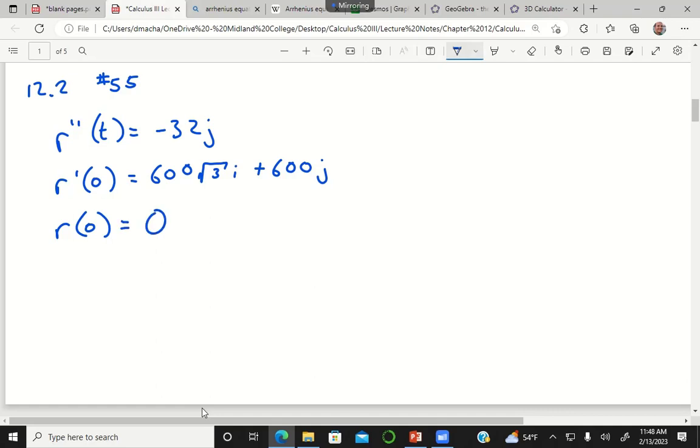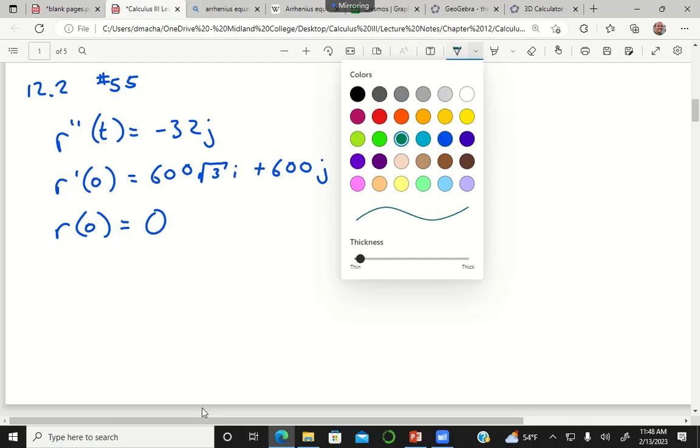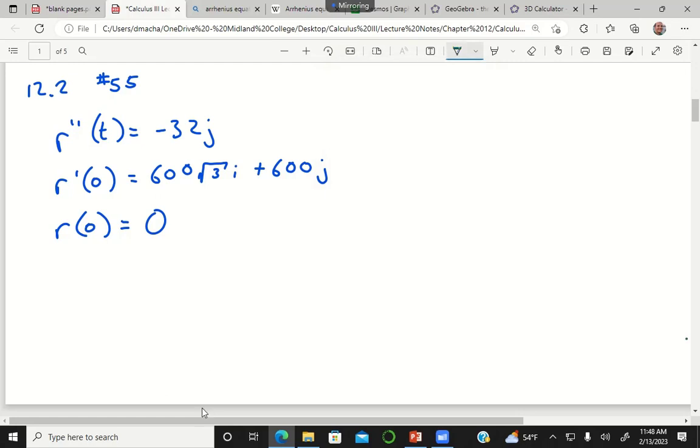Okay. And what we want is a formula for r of t that satisfies all of these things at the same time.